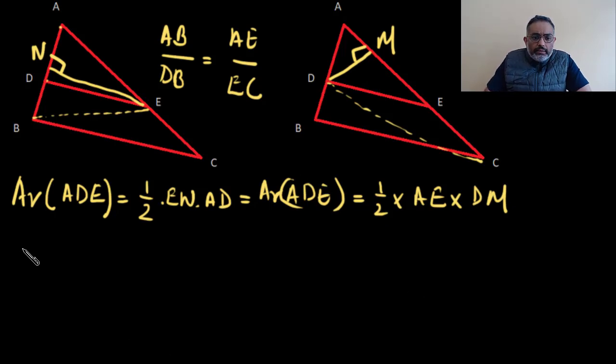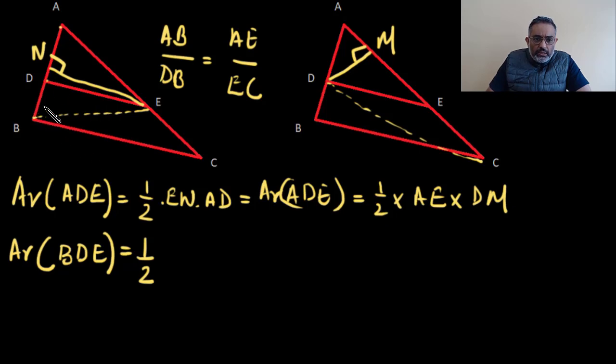Now let's think about the area of BDE. BDE is equal to half times, so the height is the same EN, all right, because EN is perpendicular to the base BD, and therefore you get the base BD times EN.